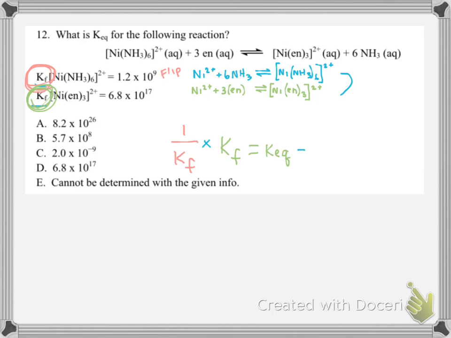So really, what we'll have here is just 6.8 times 10 to the 17th divided by 1.2 times 10 to the 9th.